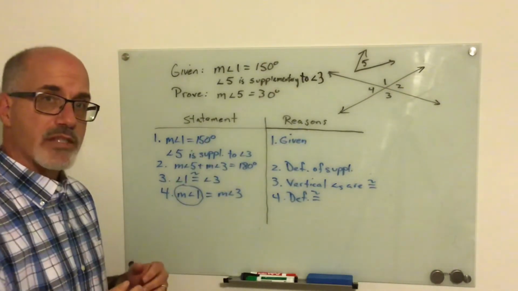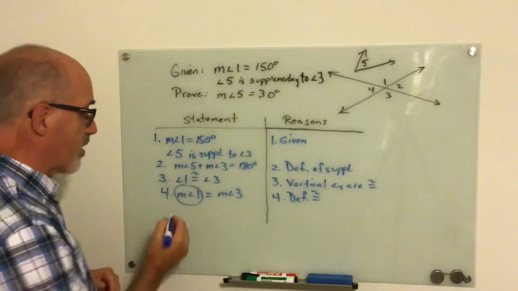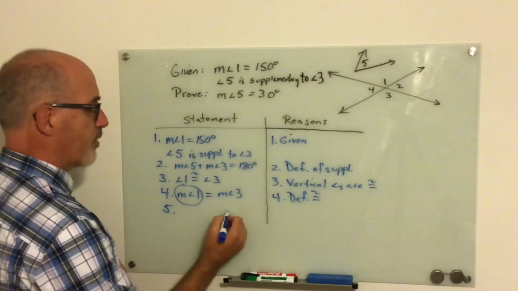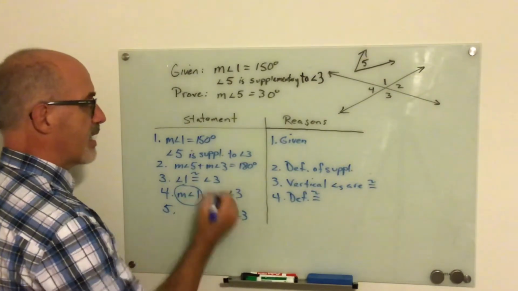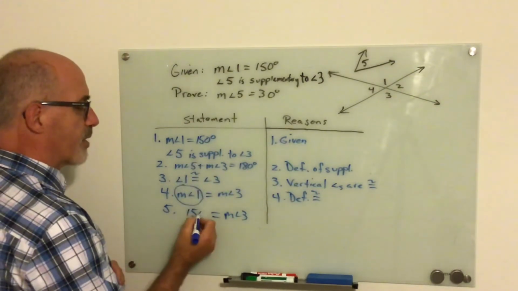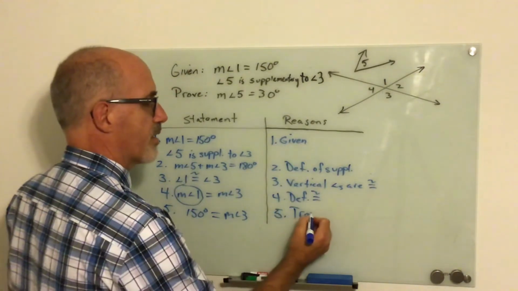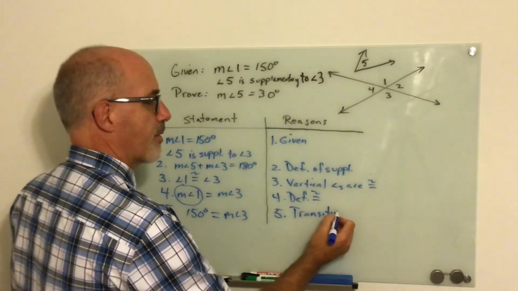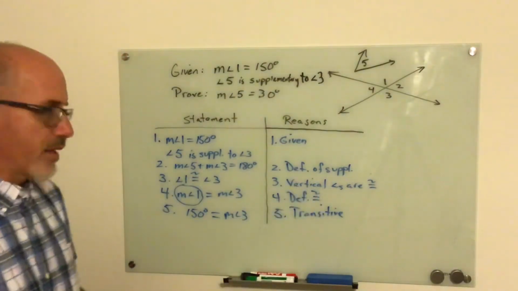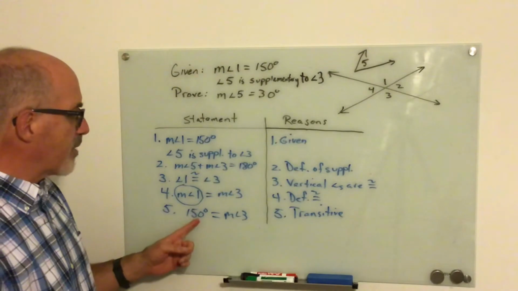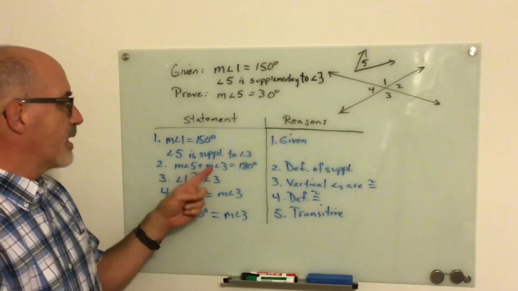I'm going to use transitive because it's the full side here, and so I'm going to go ahead and say that the measure of angle 3 is equal to 150 degrees, and that's by the transitive property of equality.